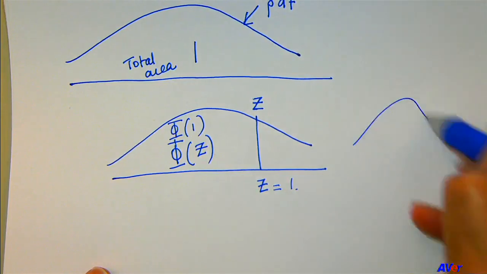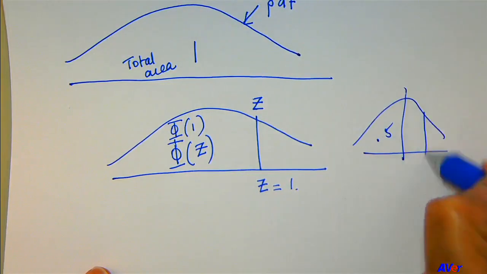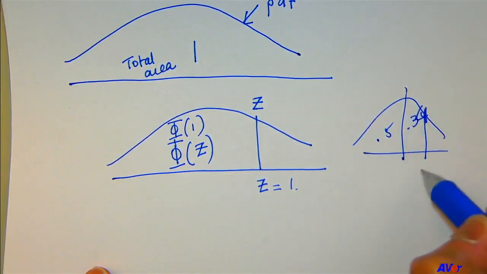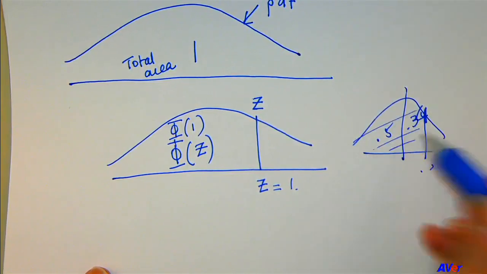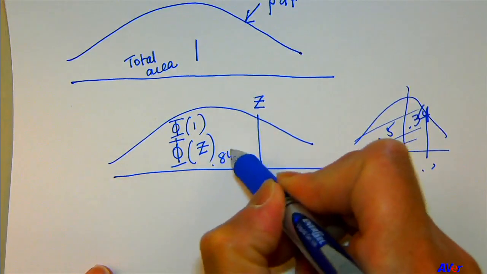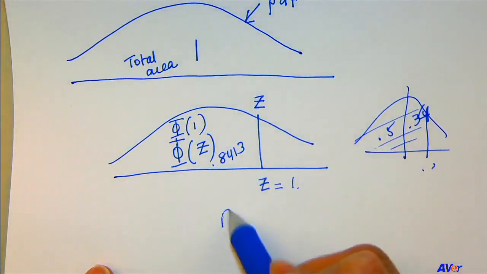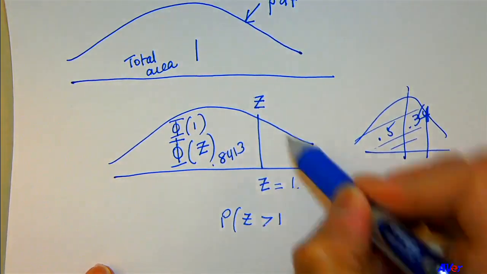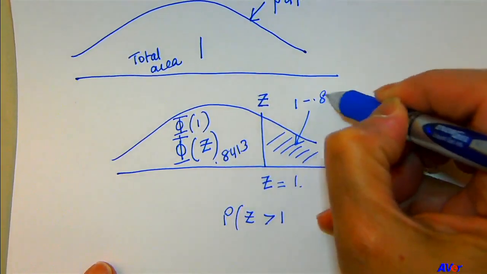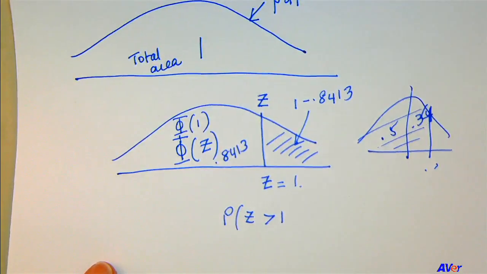And the empirical rule tells me this is 50%, this is half of 68, which is 34. So I know that I'm expecting 0.84 here. So 0.8413 gives me a feeling of, yes, this is a good thing. I'm in the right place, right? So this is 0.8413. And if I'm looking for probability z greater than 1, then I would be looking for that. And that would be 1 minus 0.8413. Does that make sense?